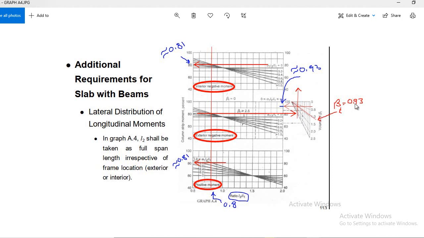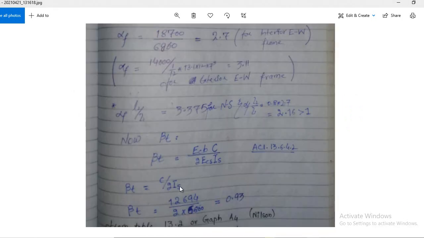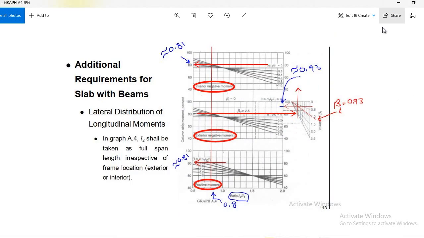As in our case, beta t is 0.93. I already calculated that beta t here. So here we have 0, 0.5, 1, and 0.93 is around about here.